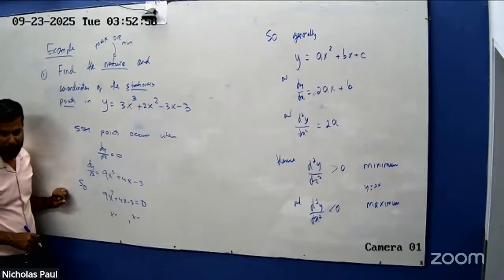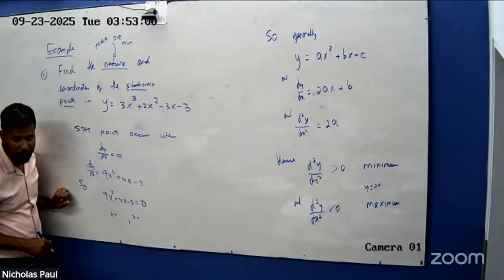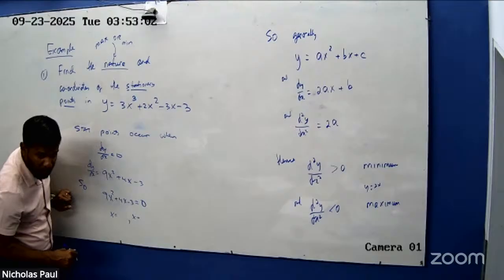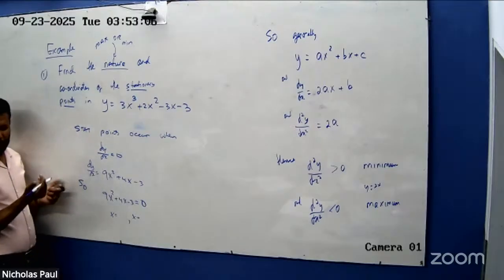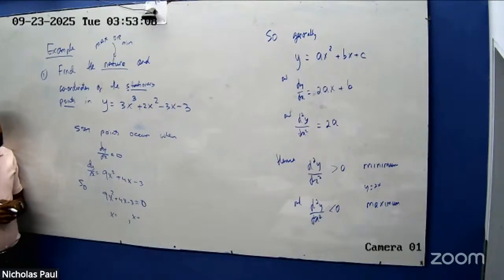What's that? Coming up. Minus trouble. Oh, hold on. I didn't check. 9 minus 3 is 6. 9 minus 3 is 6.